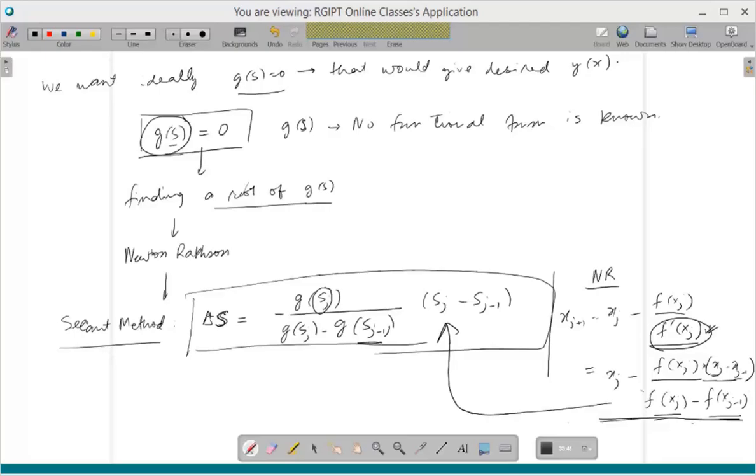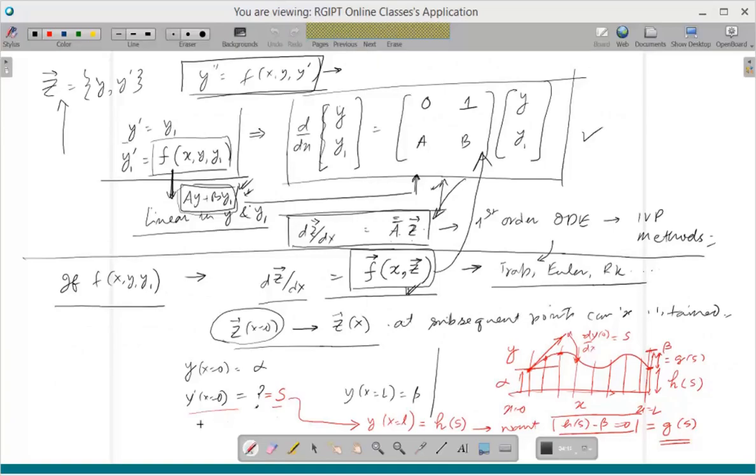Now, there is one issue that you have to be careful about. Here, j equal to 0 would correspond to my first complete pass from here to here.